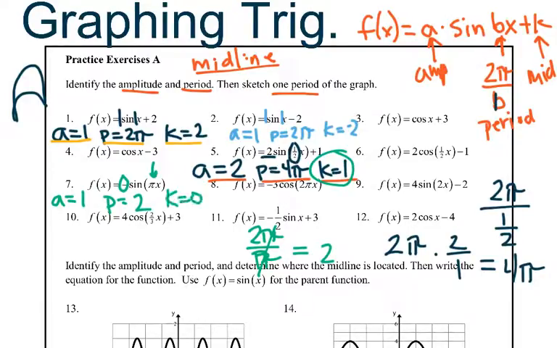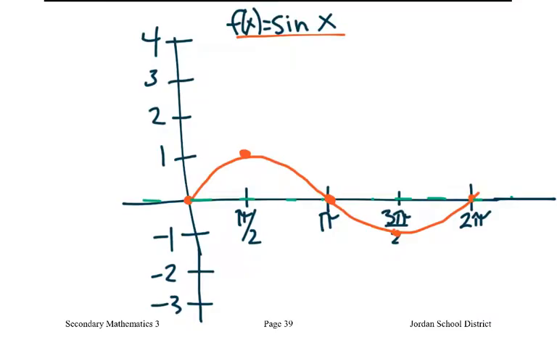So if we were to graph that one, now this is where it gets weird, because my period was 2. Pi is 3.14. So 3 would be about right here. So pi over 2 is like 1.5.